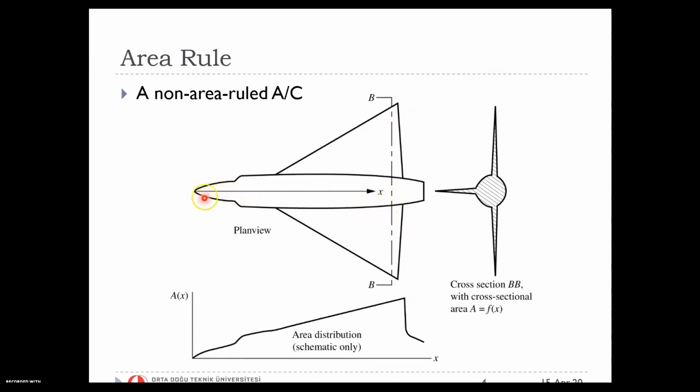Okay, so we take a section at every x location, and we look at the cross section area value, and we plot it here. That's the plot you would have. So this is a non-area ruled aircraft.